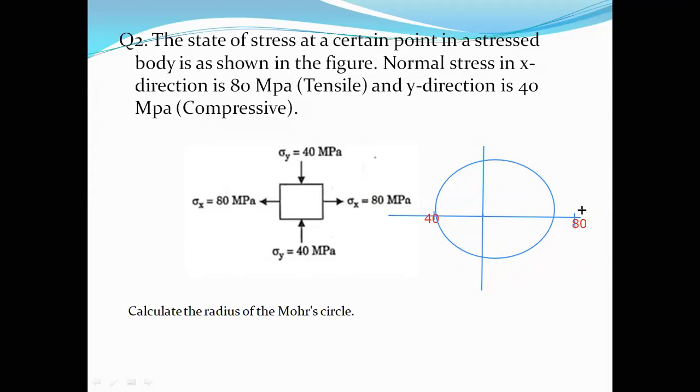So 80 plus 40 is 120, and 120 by 2, half of this, is going to be the radius. 60 is the radius of the Mohr circle.